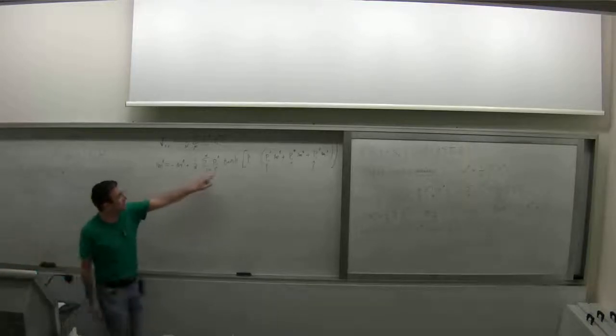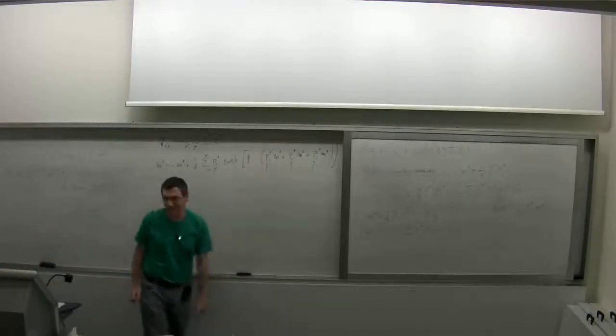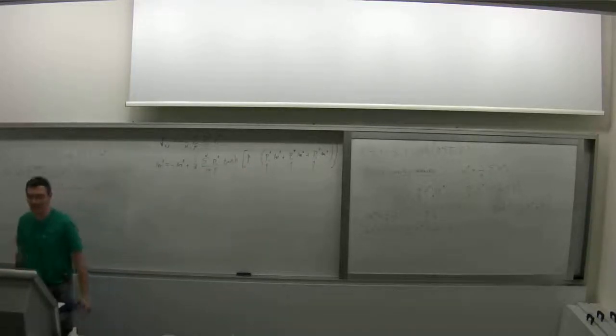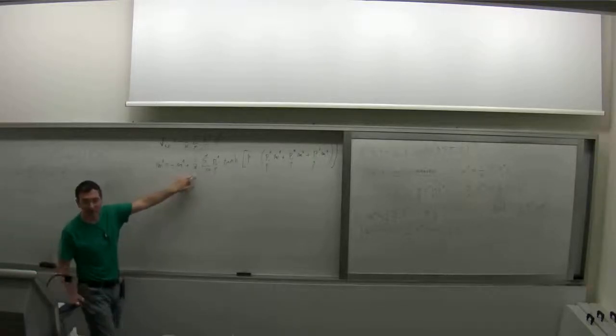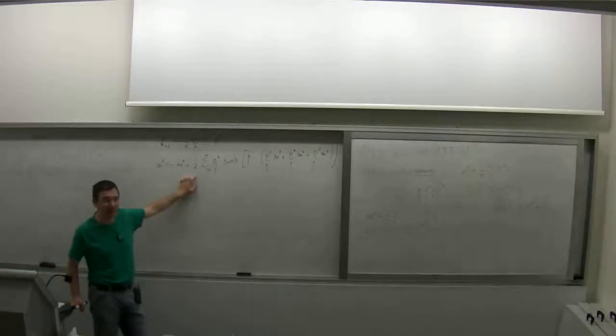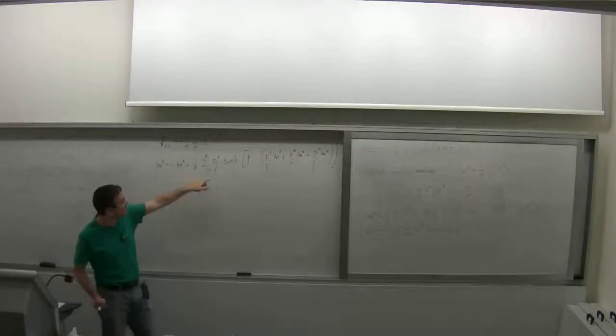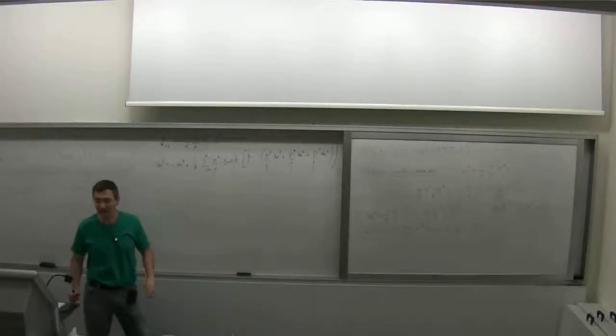There are only how many? Well, this one is the same as this one. So we have a sum of n terms. We have a sum of n terms. But these n terms can be one of 8 possibilities.